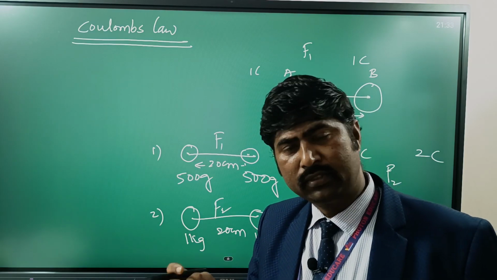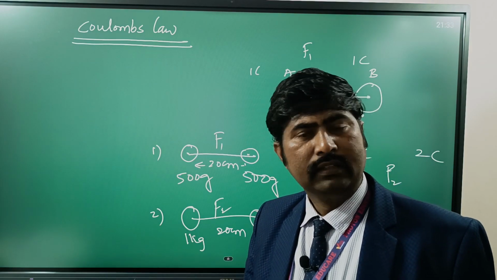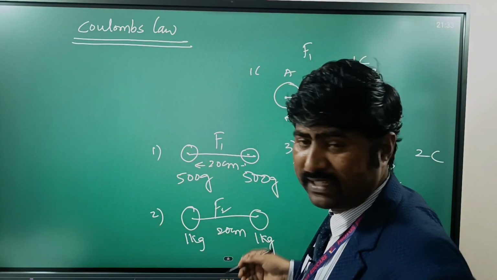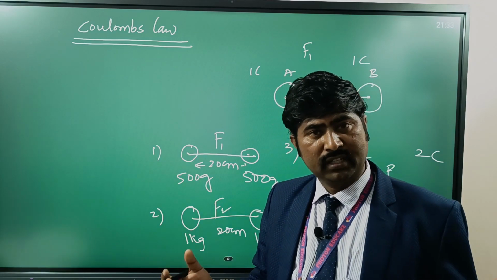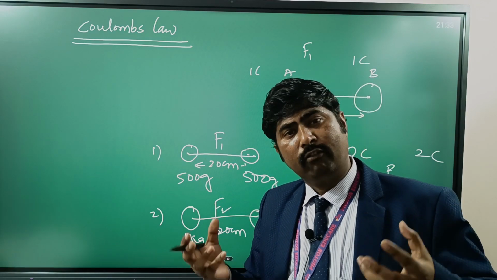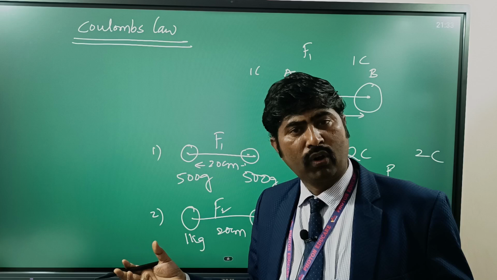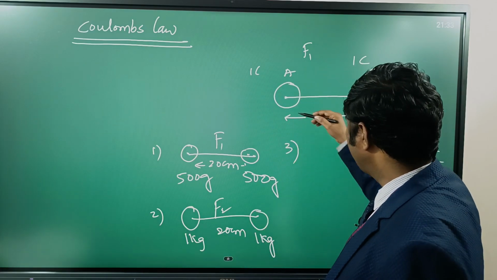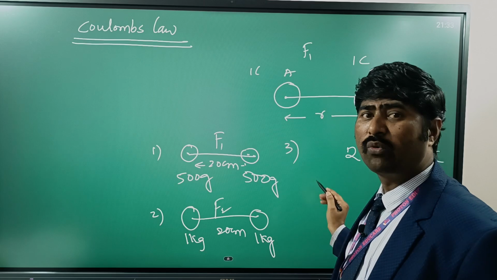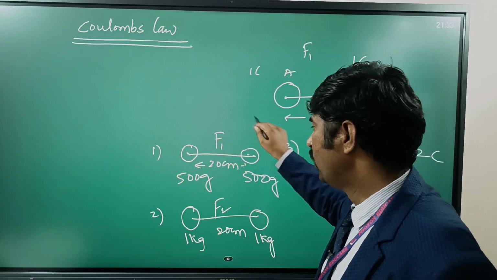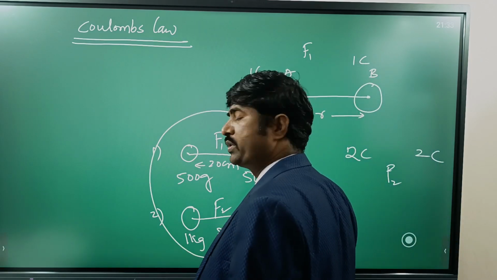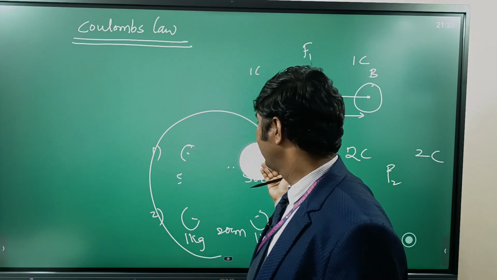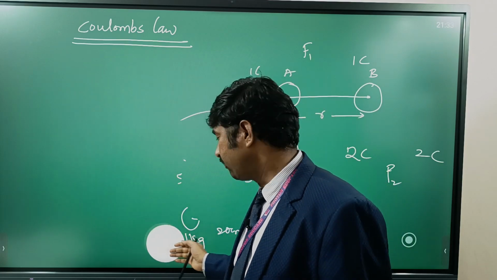For 1 coulomb, you note the force, that is F1, the force exerted between them. And next with 2 coulomb charge, the force is F2, with 3 coulomb, the force is F3. So as the magnitude of charge increases, you observe the same phenomenon which you have observed in where? In the case of magnets.